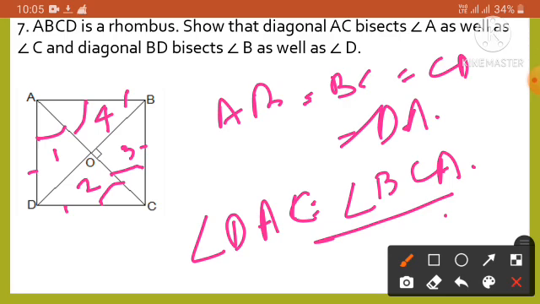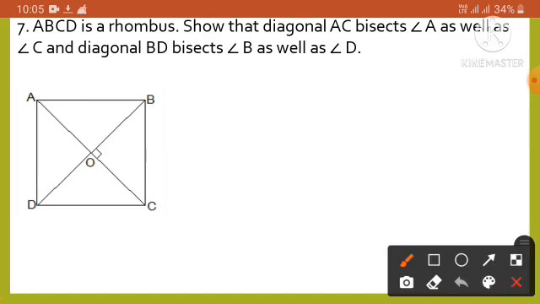Okay, so here we have angle 1, angle 4, angle 2 and angle 3.